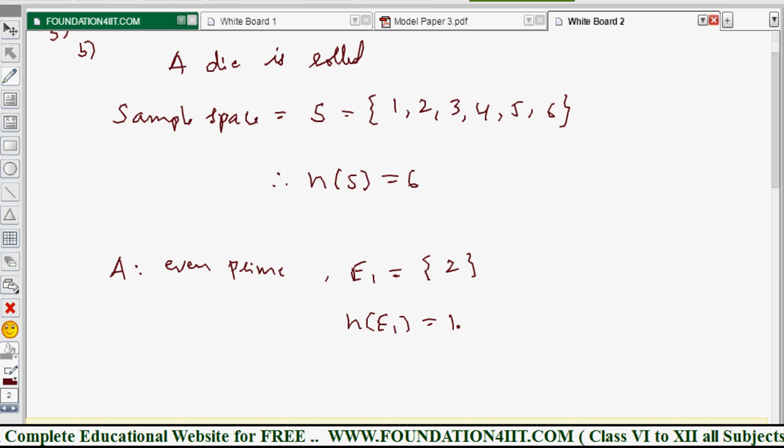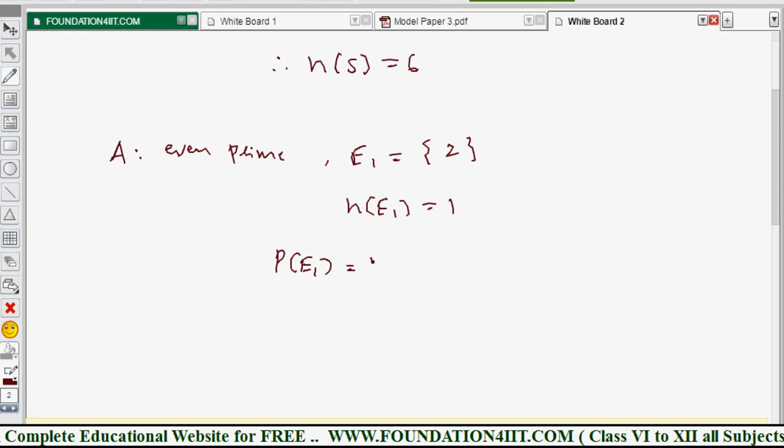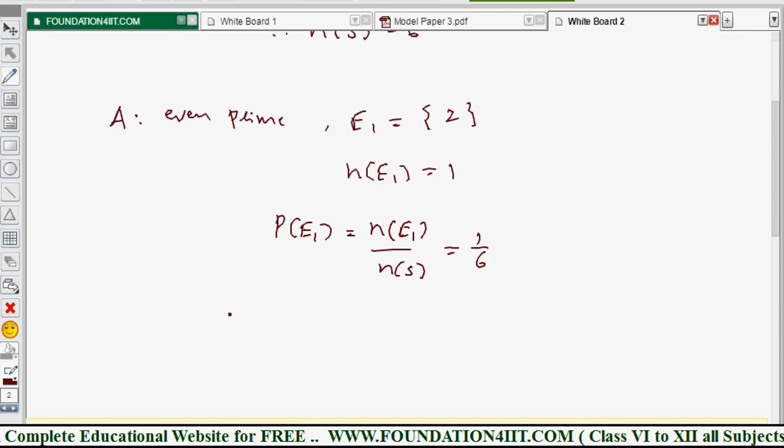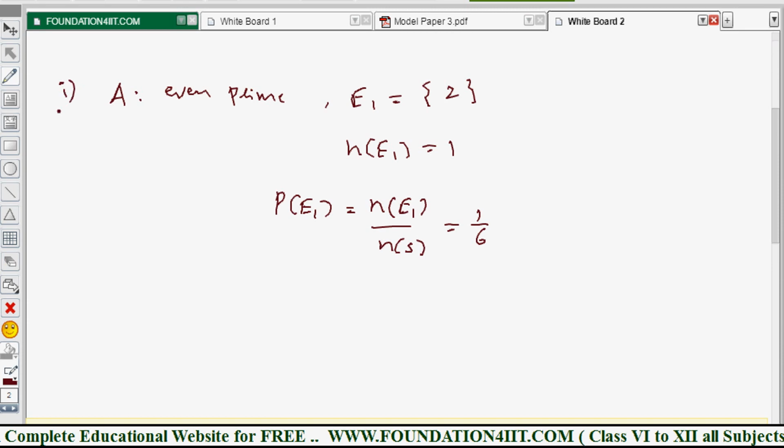Then we can find the probability. The required probability is equal to n of E1 by n of S, favorable by possible, that is 1 by 6. And second, part B, here is the odd prime. The condition is an odd prime number. If you take it as event 2, then the odd prime numbers from 1 to 6 are only 3 and 5.